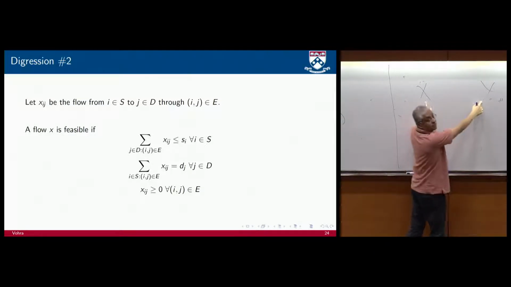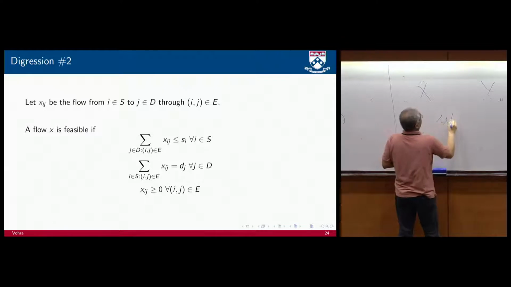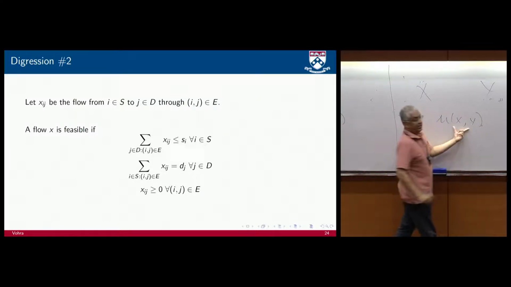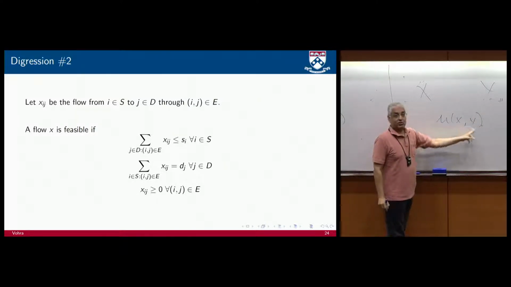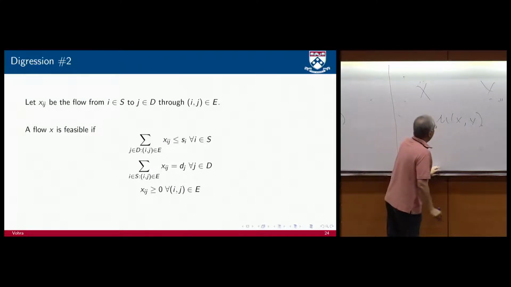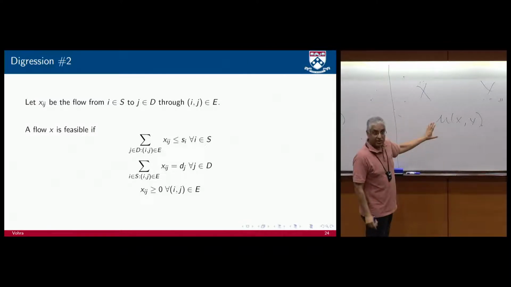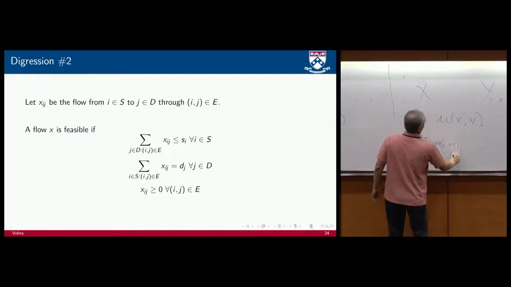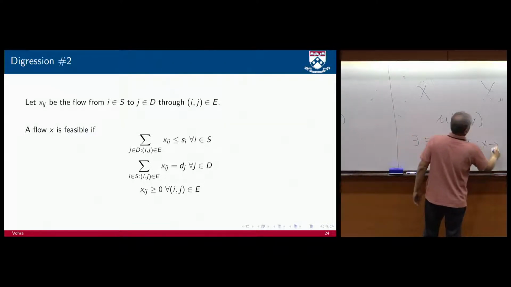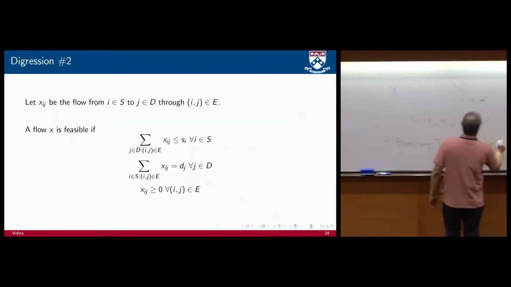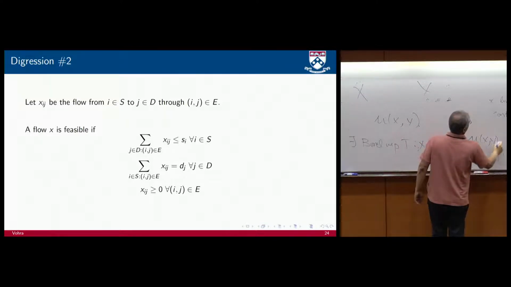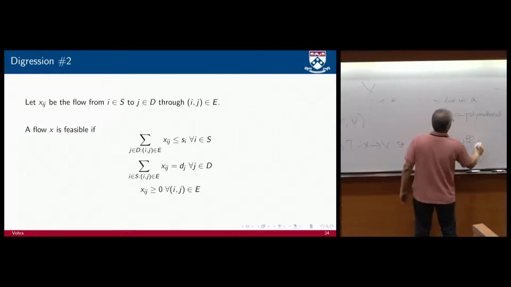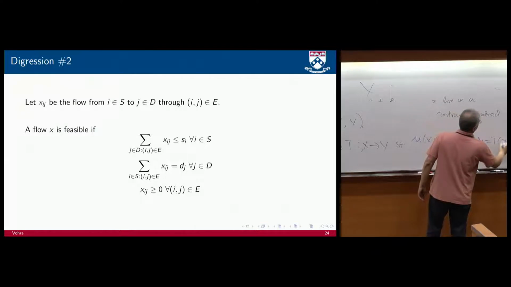So let's say these are the two measure spaces that I want to transport mass from one to the other. These are your variables. You're looking for a measure on the cross product. Okay? And sometimes you may want a measure on the cross product that satisfies a very particular property. There exists a Borel map T from x to y such that mu of xy is positive if and only if y is equal to T of x.